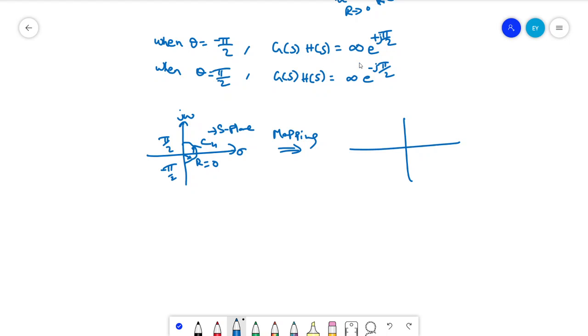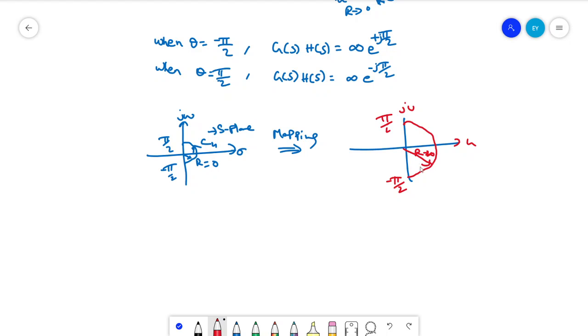With infinite radius, it will start at this particular point when theta is equal to minus pi by 2. What you got is pi by 2 with the infinite radius. So it will start here. The radius will be infinity, and it will tend towards this point and end up at minus pi by 2 with the radius of infinity.